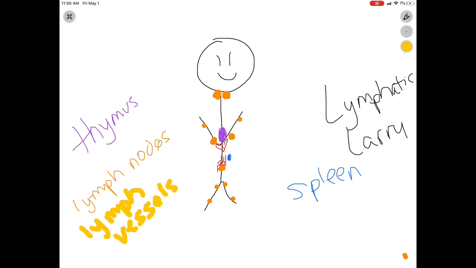These are all going to be connected by lymph vessels, so I'm just drawing them quick, adding them together. This is everything you need to know for the parts of the lymphatic system. If you have any questions, just let me know.